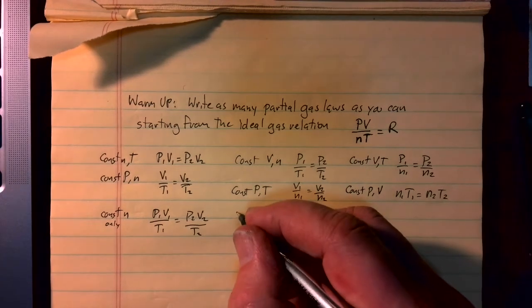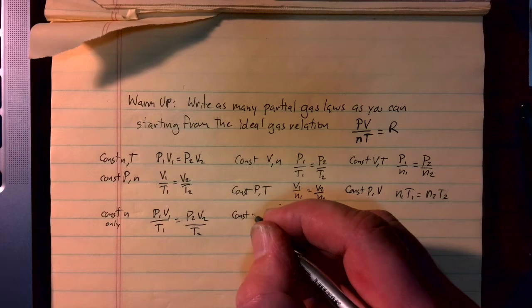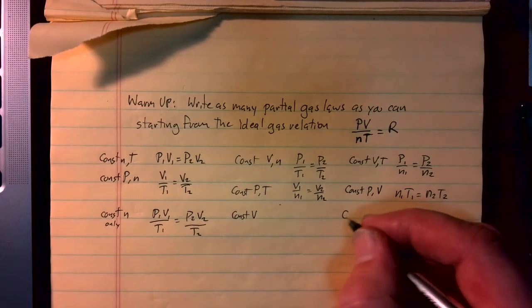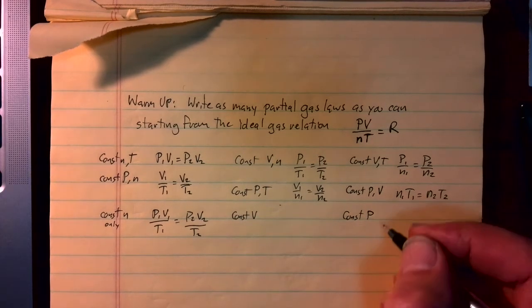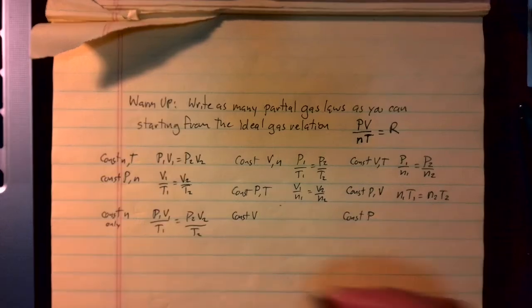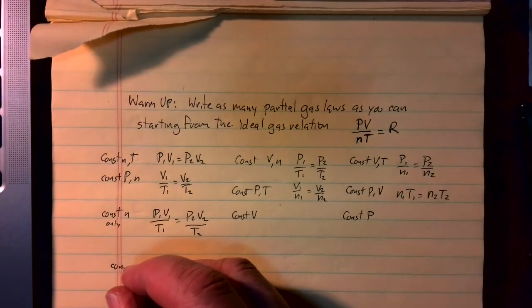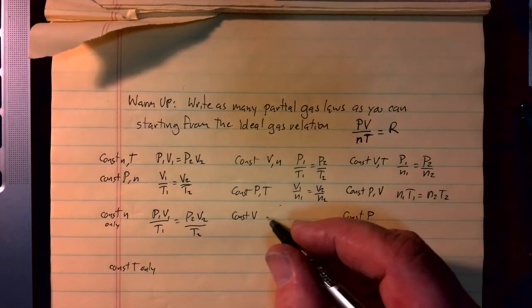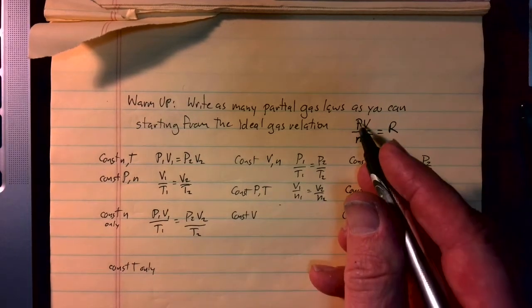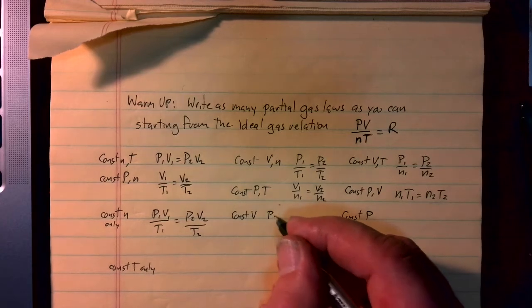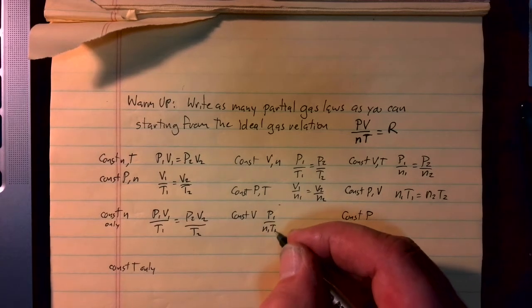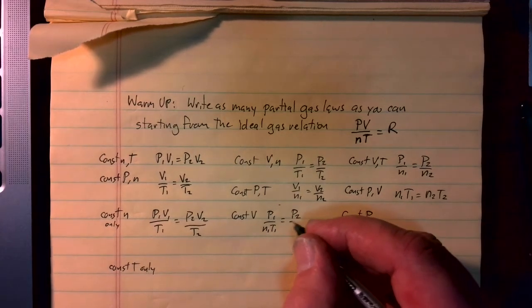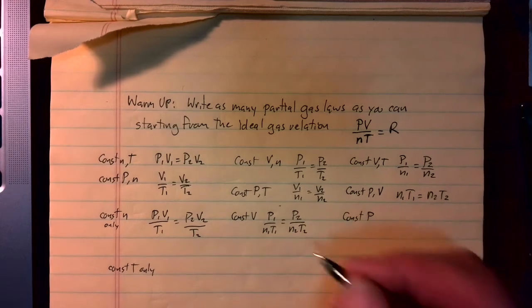You can say, okay, well, maybe I have constant V only, or constant P only, or I guess constant T only. And if we do that, constant V would give us P over nT. So P1 over n1 T1 equals P2 over n2 T2. I don't know when you'd use this.